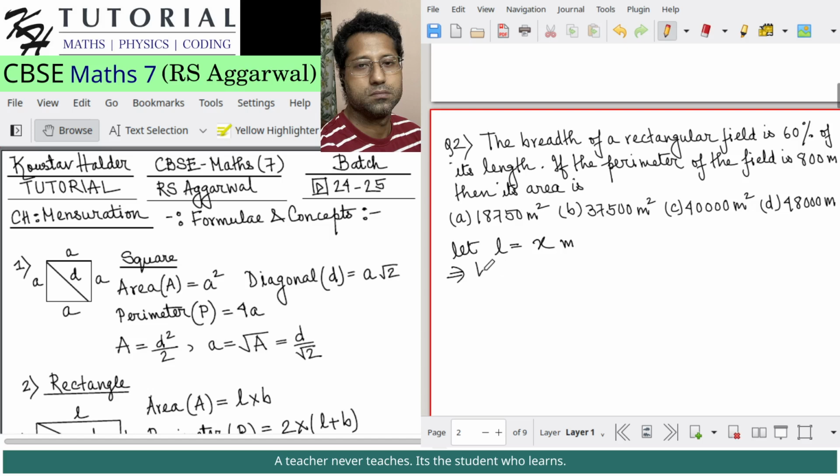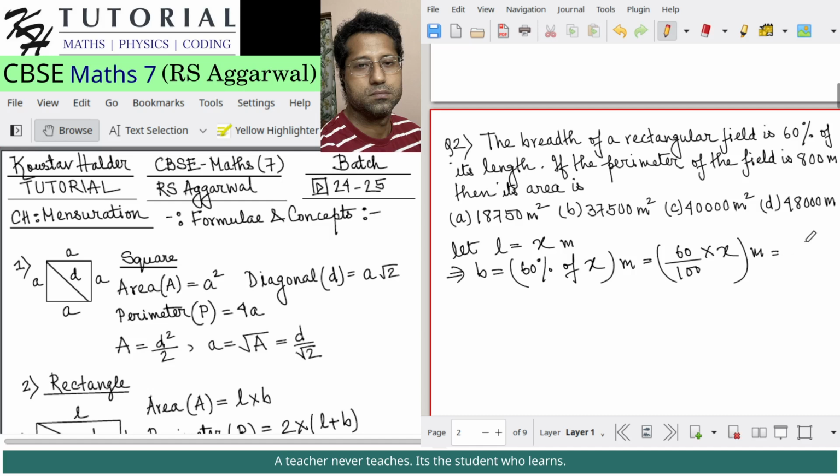This implies breadth is given to be 60% of its length, so it will be 60% of x meter. This is equal to 60 by 100 multiplied by x meter.